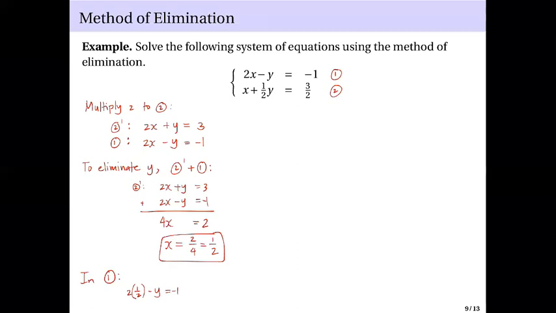And we will get what? Minus y equals minus 1. Here you have 2 times 1/2, that's 1. You put it on the other side, it becomes minus 1. And this is equal to minus 2. And so we will get y equals positive 2. Okay?